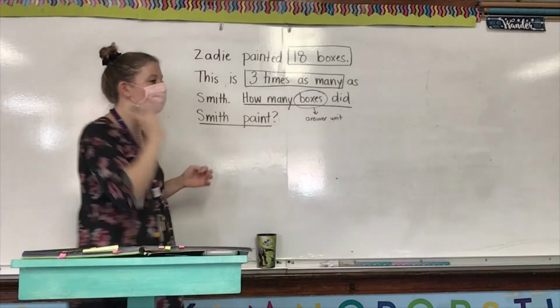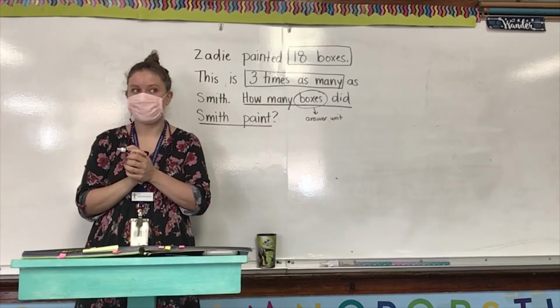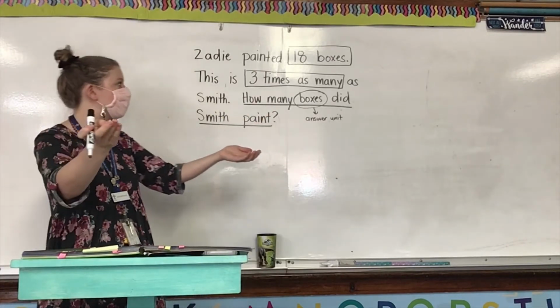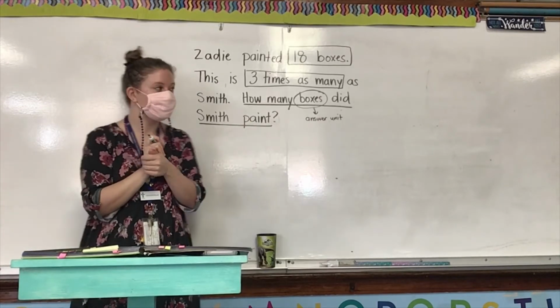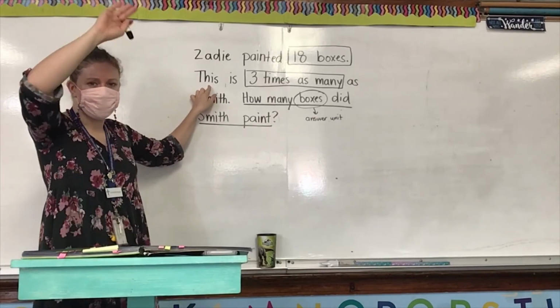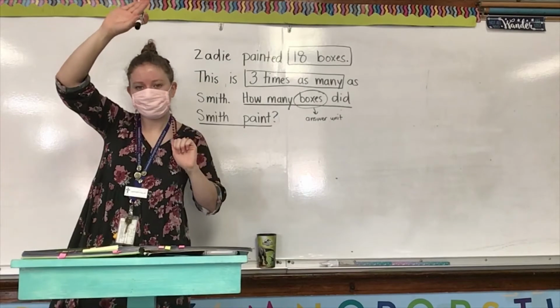So this means we're doing one of those comparison multiplication problems where Zadie has some and we're comparing it to the number that Smith has to figure out how many Smith has. What does this mean? Aaron?